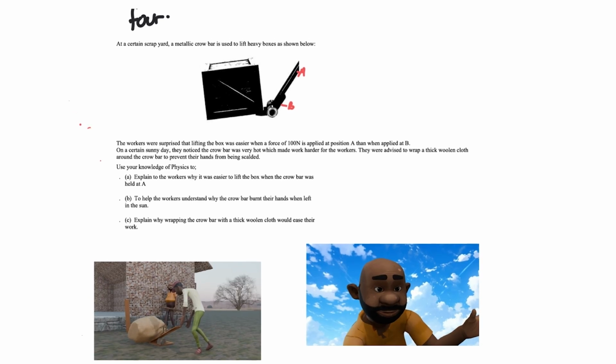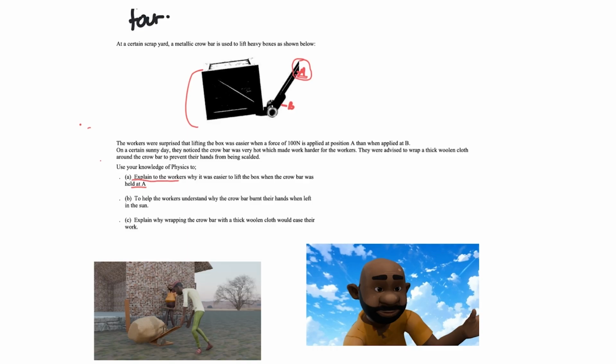Task A, we are required to explain to the workers why it was easier to lift the box when the crowbar was held at position A. So why is it easier for us to lift this box when this crowbar was held at position A?